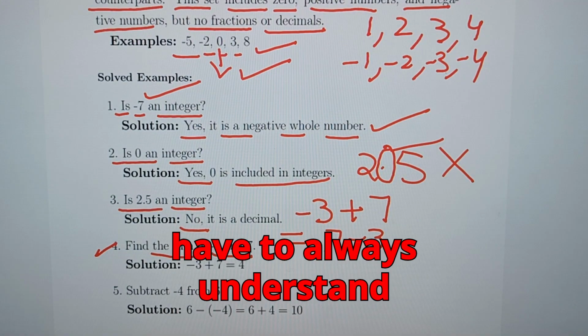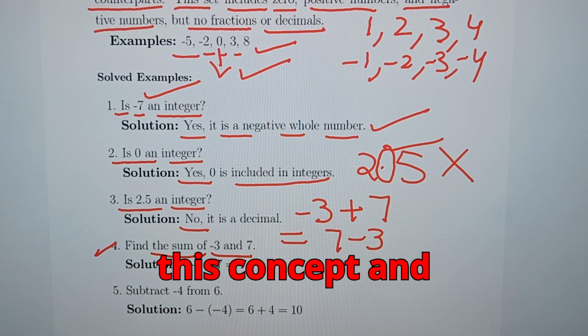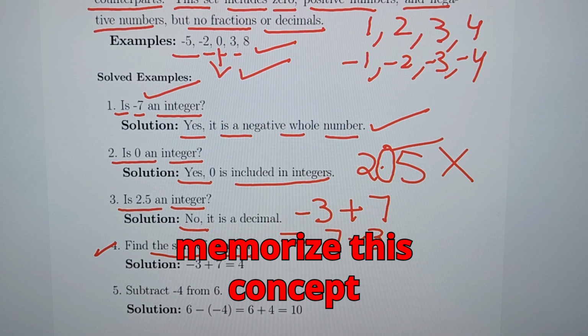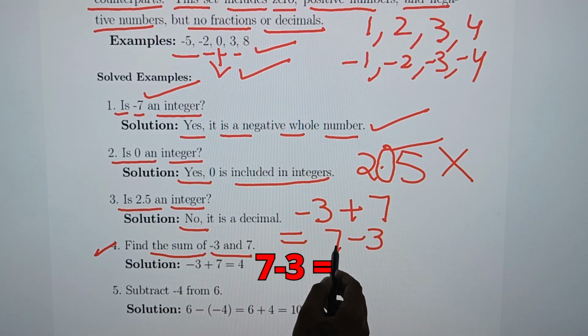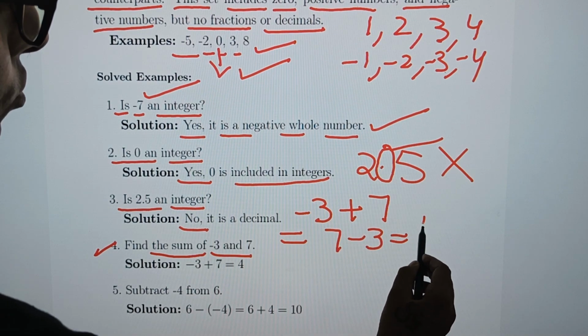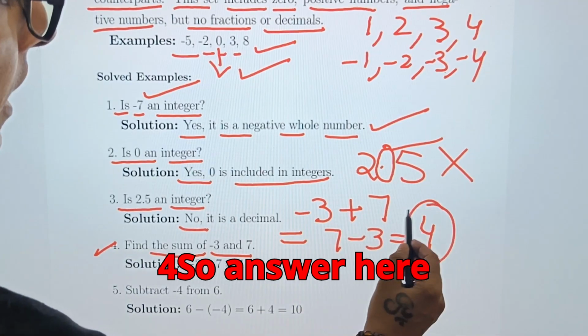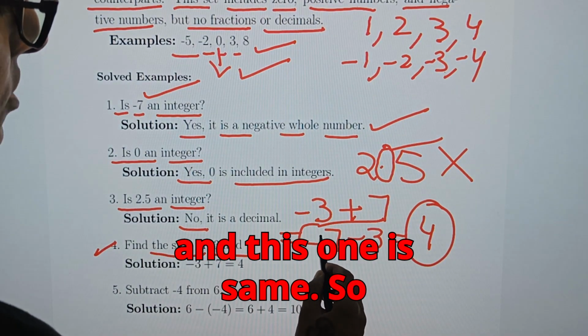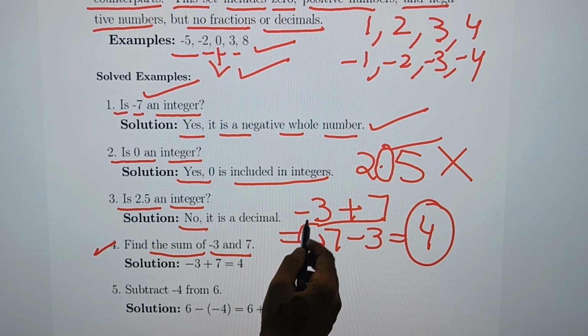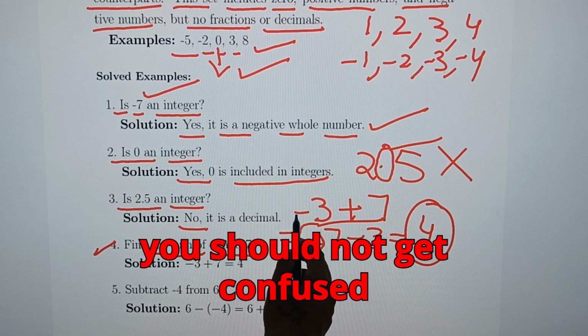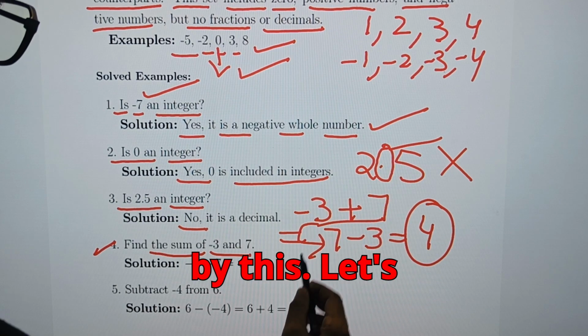You have to always understand this concept and memorize this concept. 7 minus 3 is equal to 4. So the answer here and this one is the same. So you should not get confused by this.